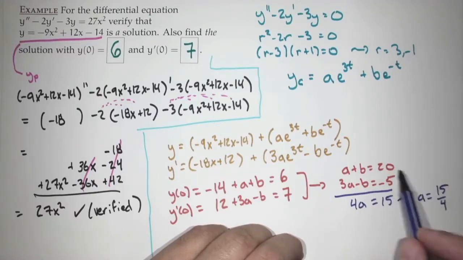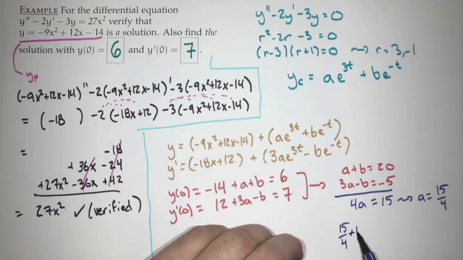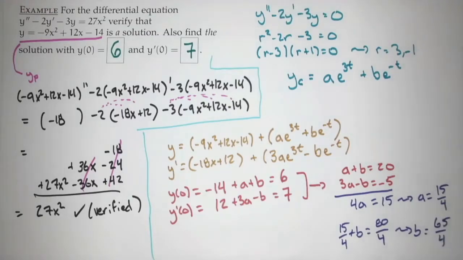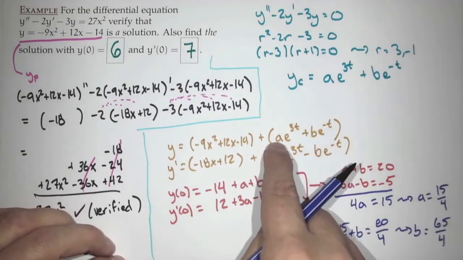Now, let's plug it into the first equation. 15 over 4 plus b equals 20. But let's put 20 as something over 4. What does that become? 80. So 80 over 4. So what is b? Yeah, 80 subtract 15 makes 65. All right, now we're almost there. We found a and b.